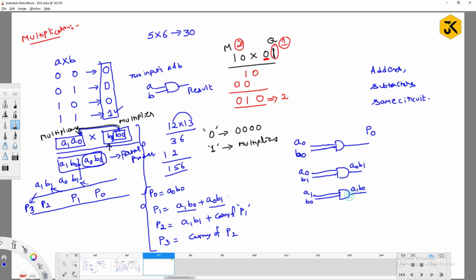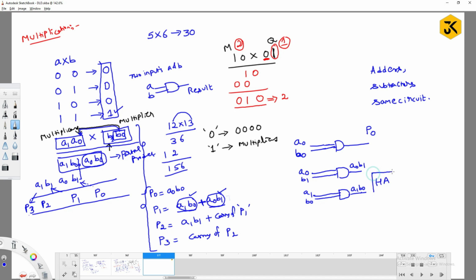Now these two numbers have to be added, right? This is not like an OR operator. These two numbers have to be added. So to add these two numbers, as I am going to have 1 bit and 1 bit, 2 bits, can I use one half adder? Yes, I can use one half adder.